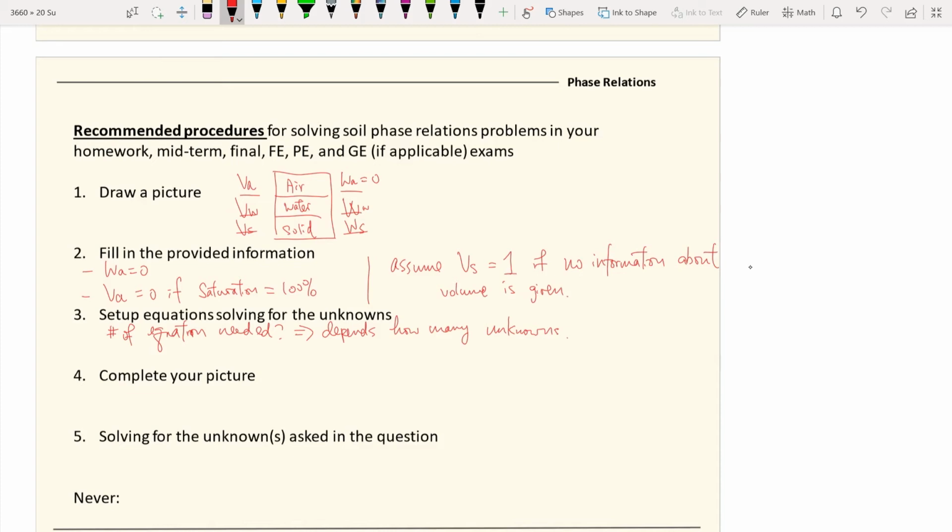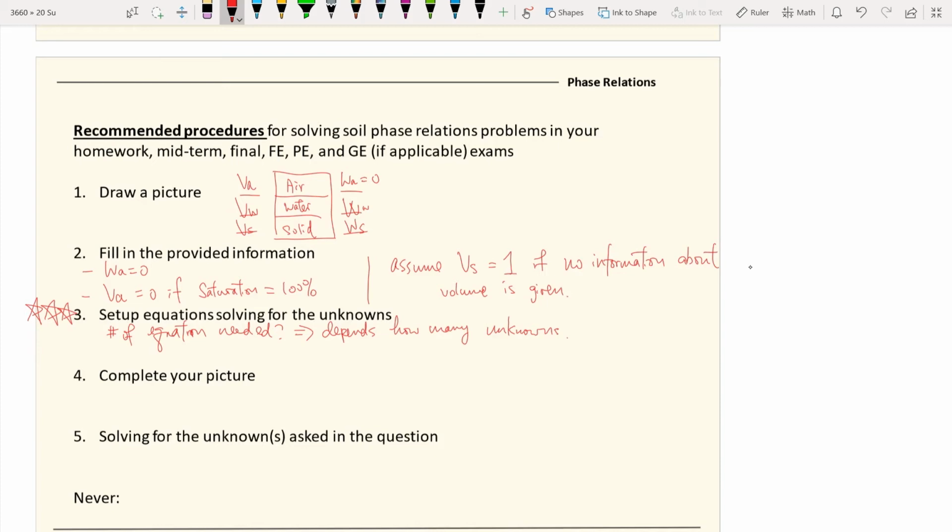Then you will lock down one or two parameters. Whatever remains is the number of unknowns you need to solve for, which means the number of equations you need to set up. So this procedure number three is the most important one and the most difficult one. Once you do the third step correctly, the rest of the problem is just simple algebra.